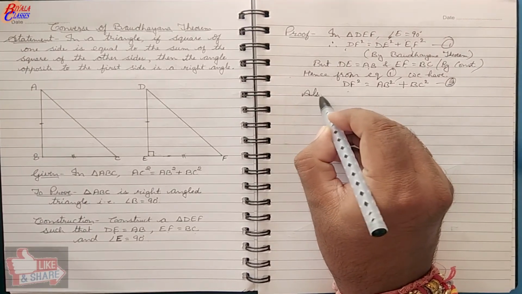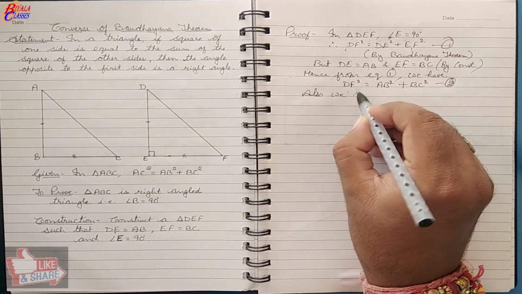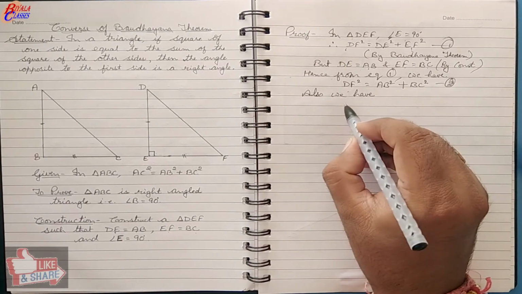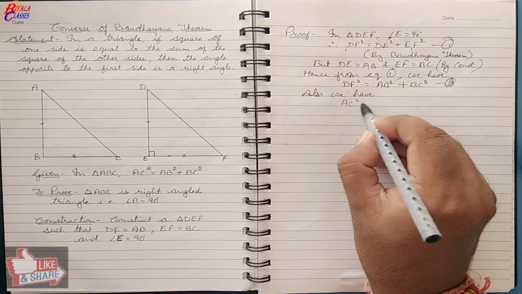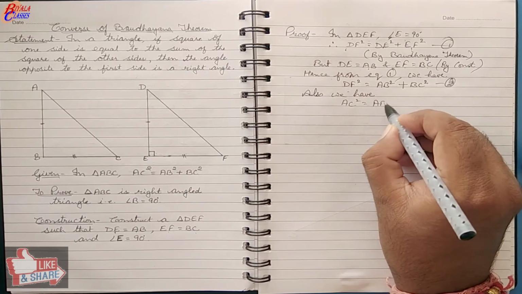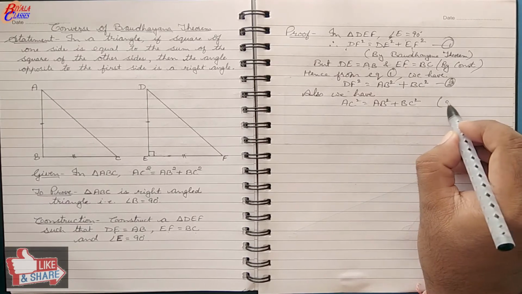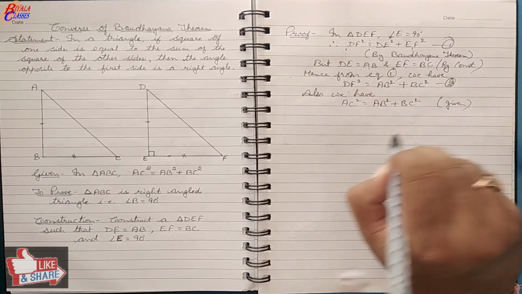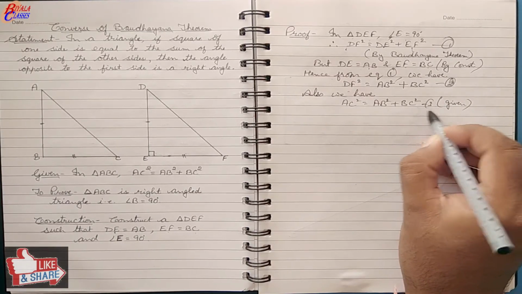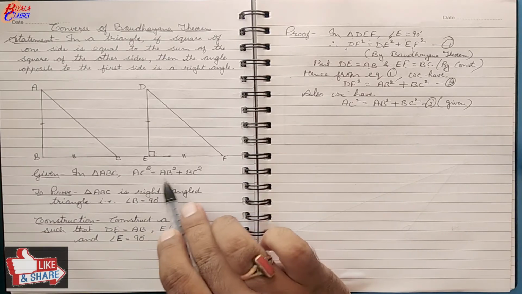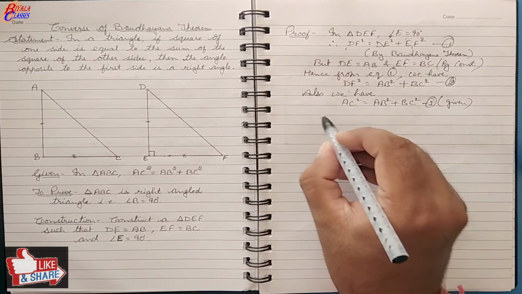Also we have AC squared is equal to AB squared plus BC squared. This is given. We are already given that AC squared is equal to AB squared plus BC squared.